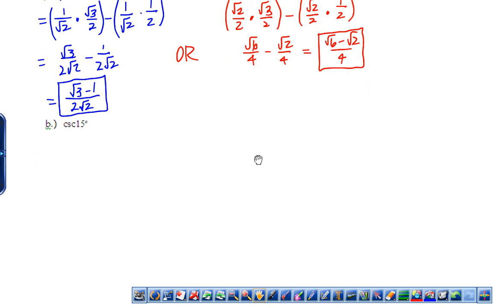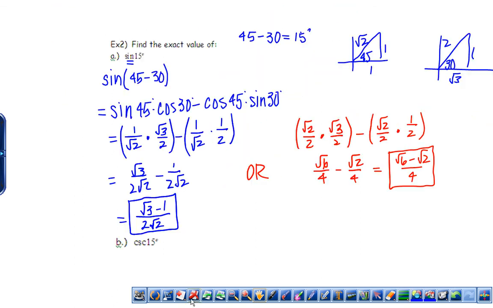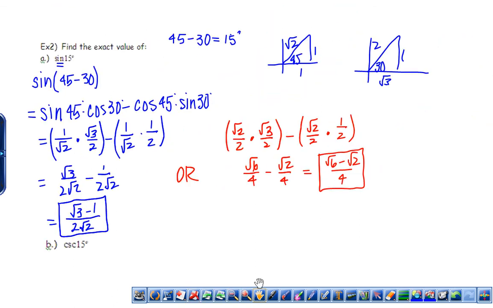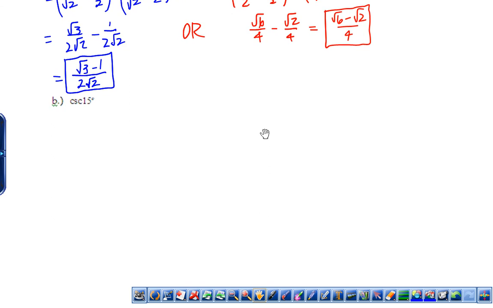Okay, so cosecant. Again, we don't have a cosecant. We don't have a triangle that shows cosecant. So we need to figure out what triangles will give us cosecant of 15 degrees. But let's see, what do we know about cosecant?